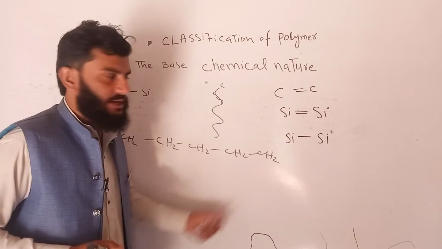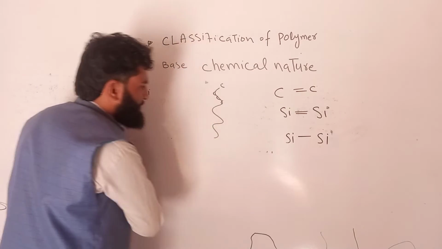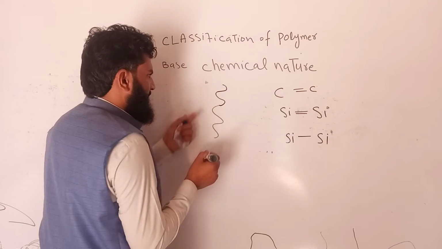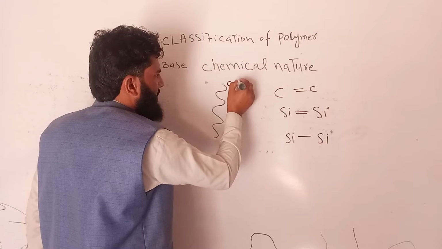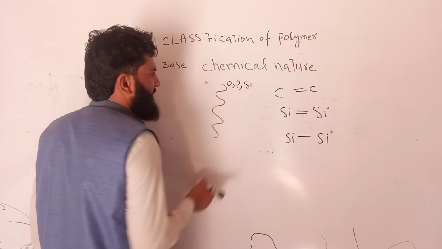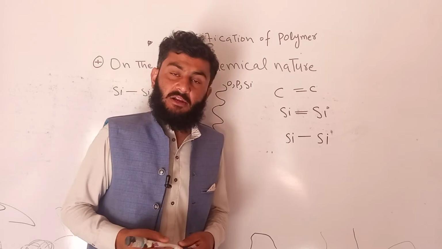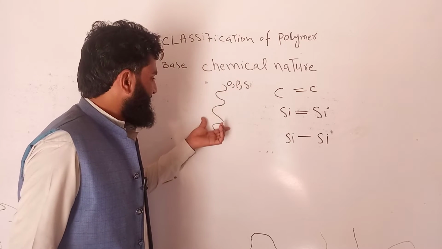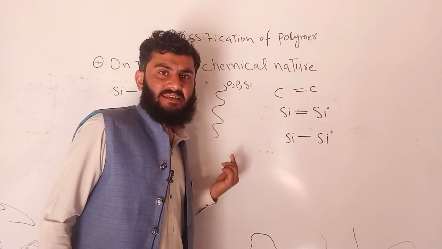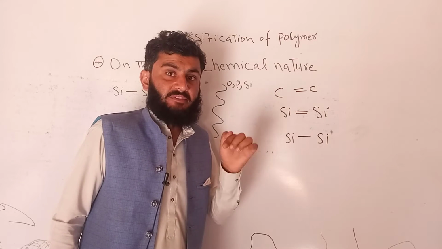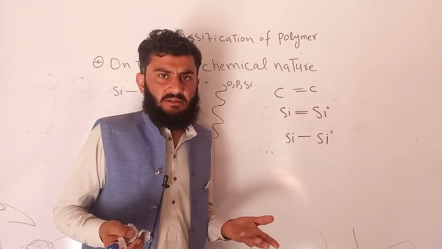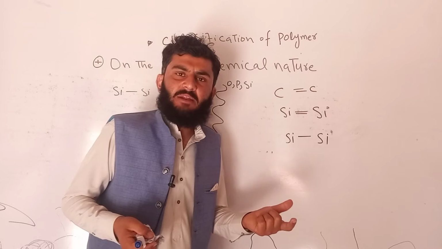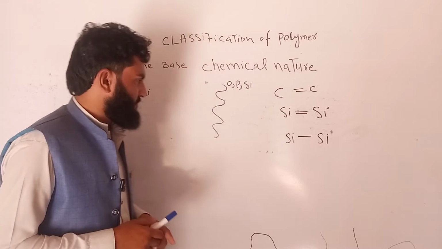If I use another atom instead of carbon, that is oxygen or phosphorus or maybe silicon, or if there are other atoms instead of carbon in the main skeleton, such polymers will be known as inorganic polymers.